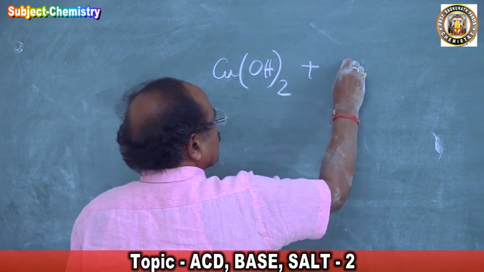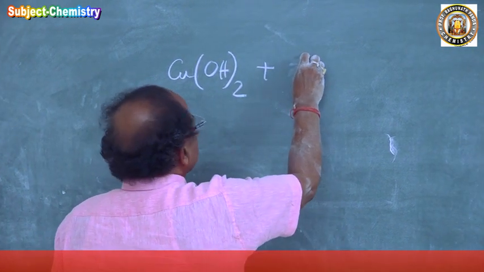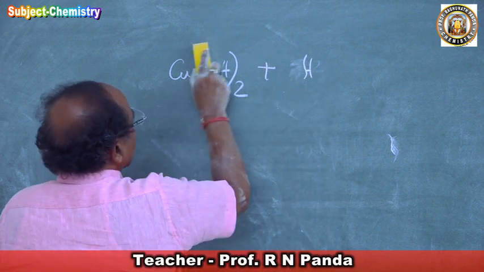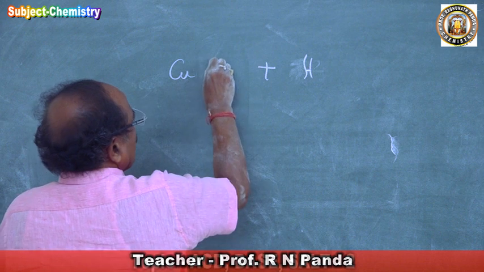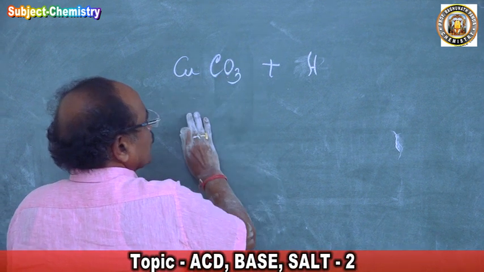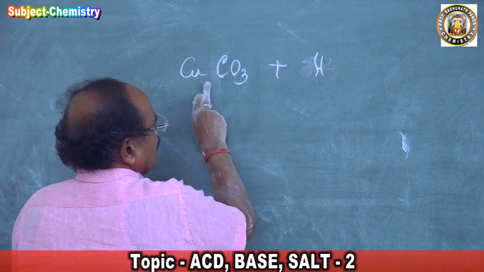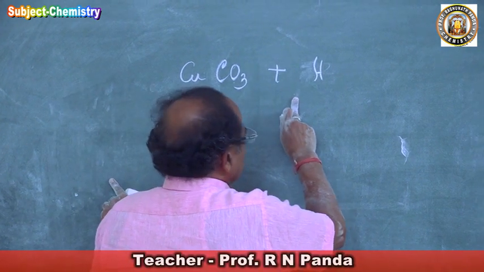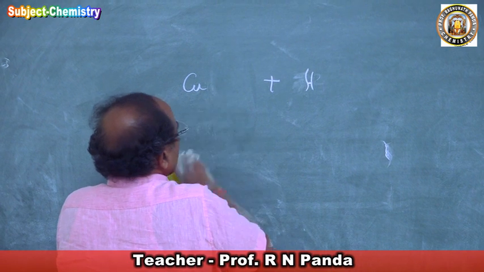Copper carbonate, CuCO3, is a salt. You take a base, copper hydroxide.